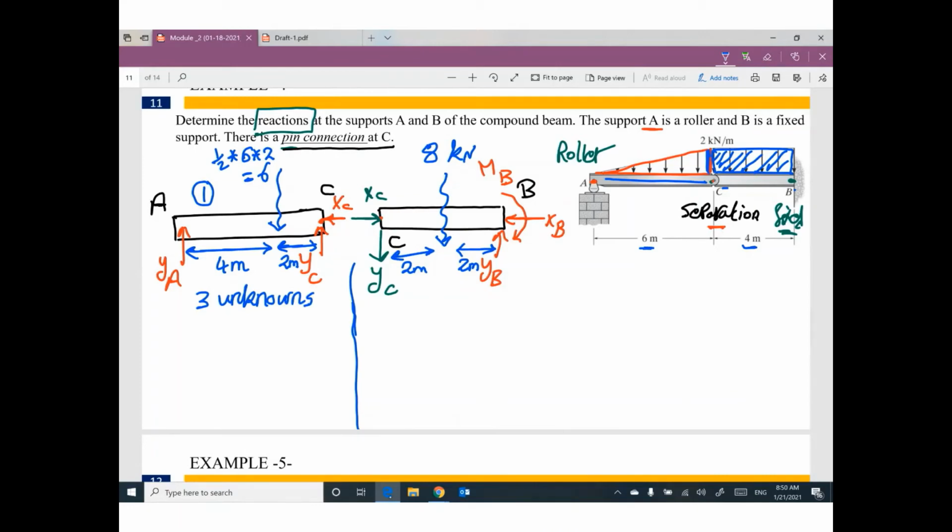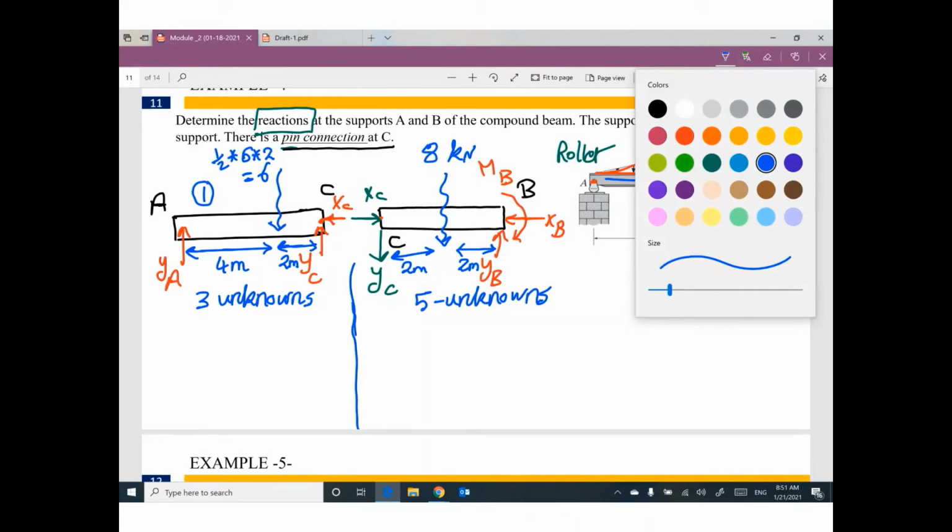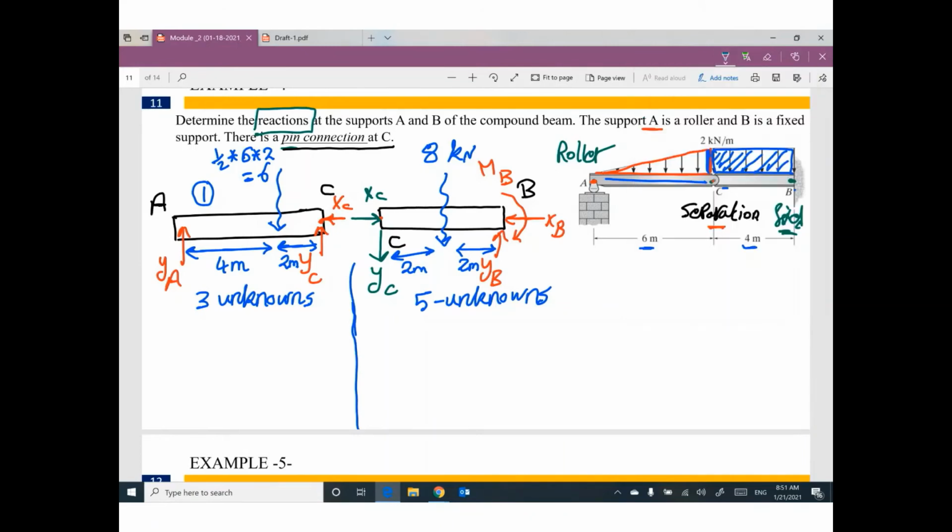We have XC, we have YC, we have YB, we have XB, we have MB. We have 5 unknowns. Which problem or which part am I going to start to solve? I'm going to start with the part with the least number of unknowns. So I will start with this part number 1.